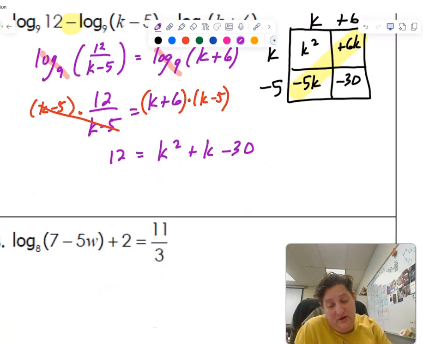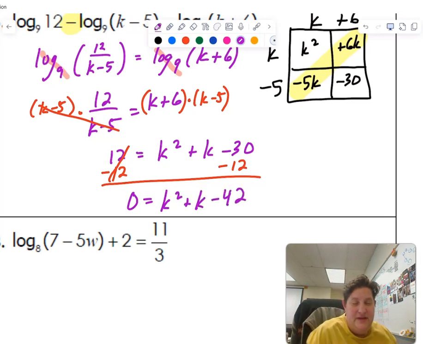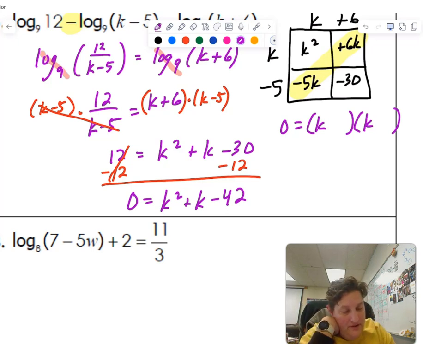Okay, now I need to get everything on the same side. So I'm just going to subtract the 12 over. So that's 0. That gives me k squared plus k minus 42. I can factor that because what multiplies to make 42 and subtracts to make 1? 7 and 6.